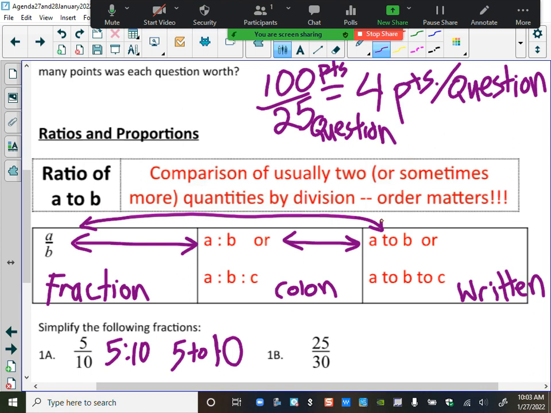Now, sometimes you might have three. And there's going to be some problems where you're going to be comparing maybe three, because like with triangles, an idea might be, let's say you have a triangle, but then you shrink it, but it has to be proportional. Either you shrink it or enlarge it, same thing, the proportions have to match.